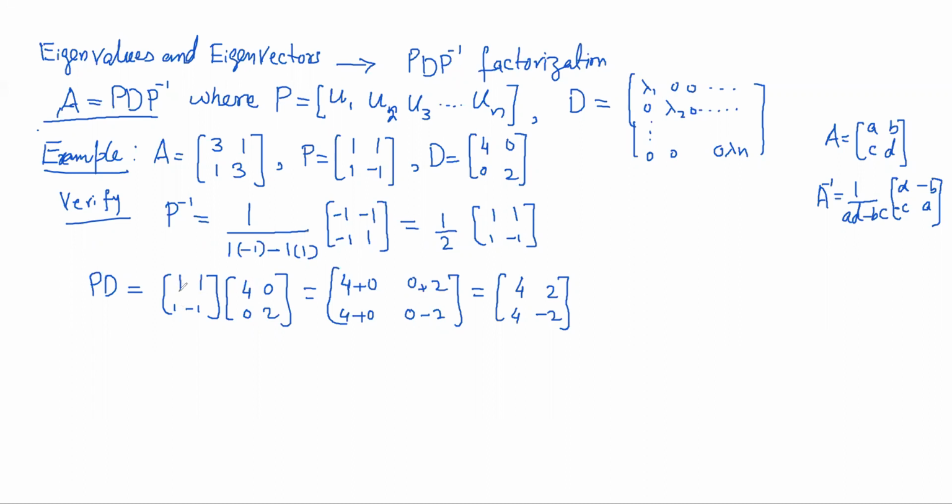So that means 1, 1, that is the first column, has been just multiplied by 4. So that is a shortcut for this kind of multiplication. And the second column has been multiplied by the second diagonal element, which is 2. So 2 has been multiplied by 1, that is 2, and 2 has been multiplied by minus 1, that is minus 2. So that was just to show you that as a shortcut you can do it like this.